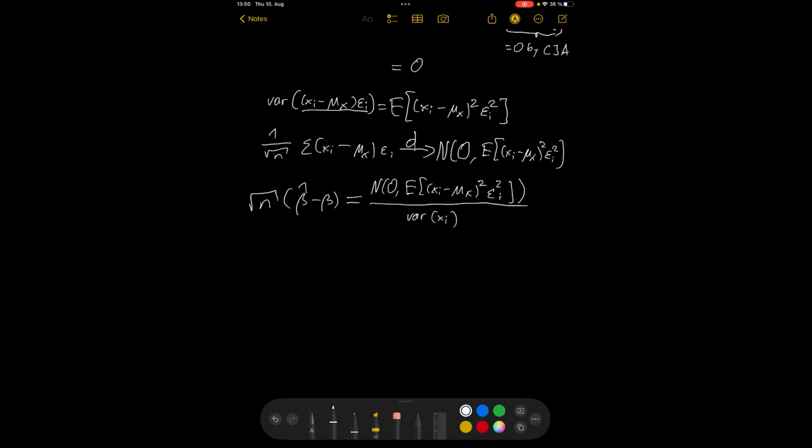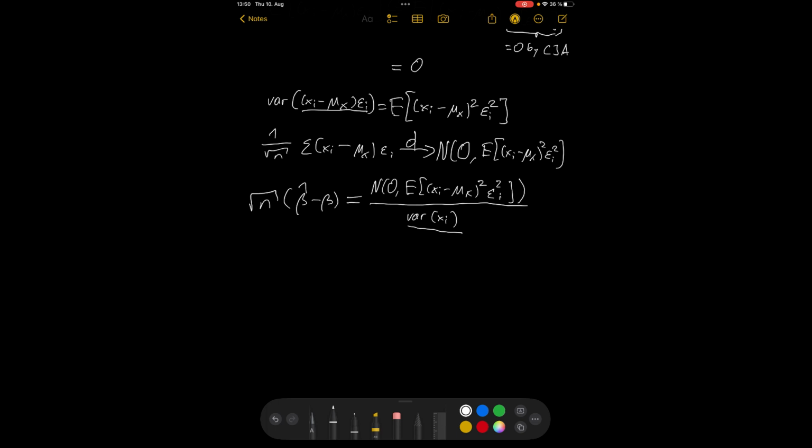Now, when we want to get the overall distribution, we want to pull the variance of xi into the normal distribution. And because the normal distribution is mean 0, we multiply the whole thing with a constant.